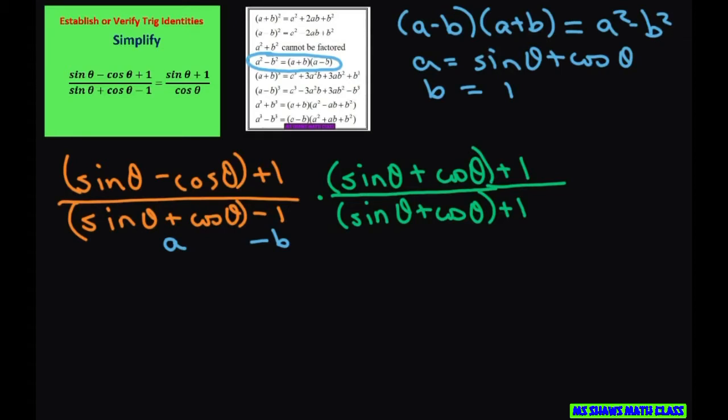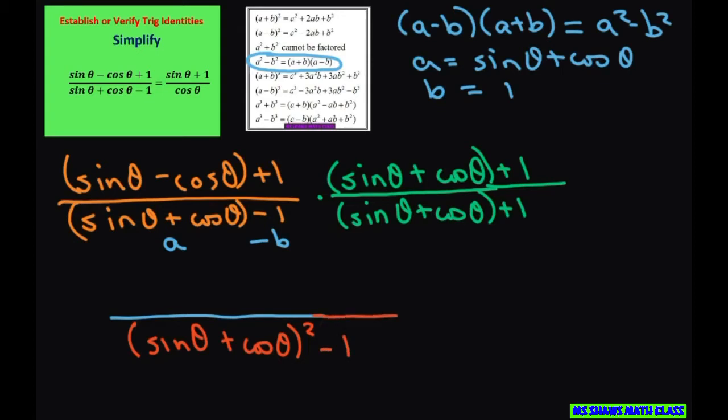All right, now, after you do that, our denominator is pretty easy. You're just going to do your a squared minus b squared. So that's just going to be sine theta plus cosine theta, squared, minus 1. The numerator is a little harder.